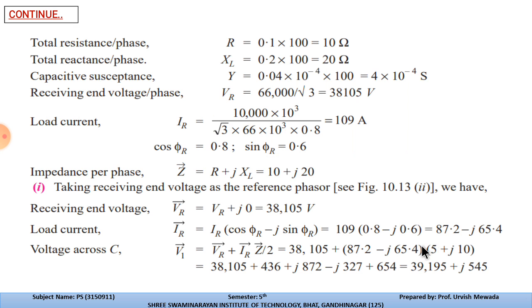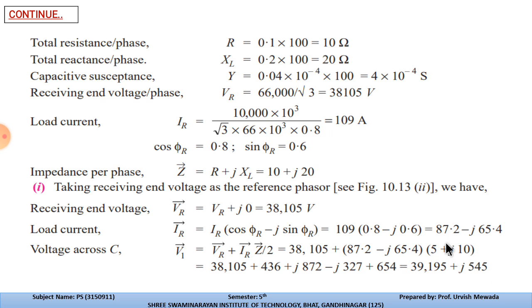So V1 is equal to VR plus IR into Z by 2. We have all the values, and by placing the values we will get the value of V1. So the capacitor voltage V1 is 39.195 plus j545.